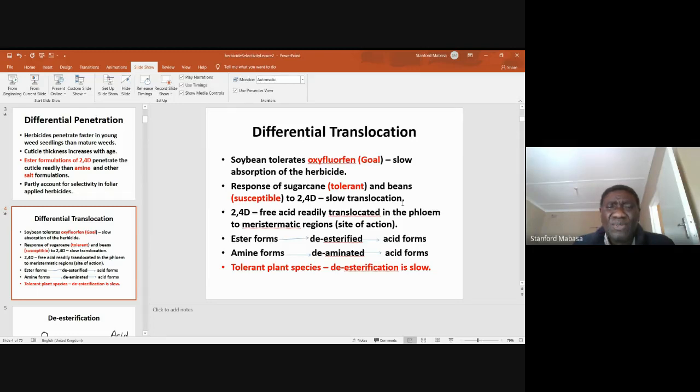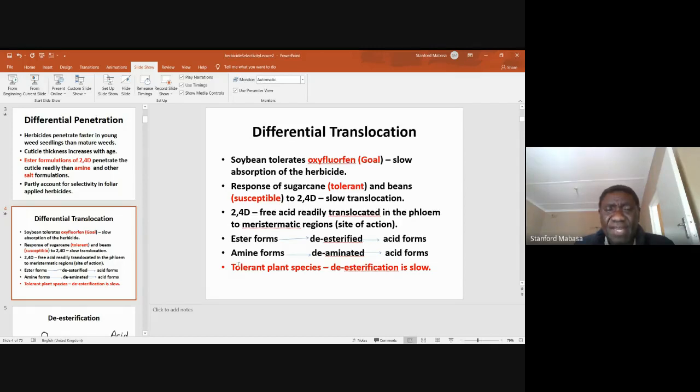Now, we should know that 2,4-D free acid can readily move within the phloem, and it can easily reach the site of action, which is the meristematic region. Now, if we apply the ester forms of 2,4-D, they need to be changed to acid forms, a process which we call deesterification, or we say the ester forms are deesterified.